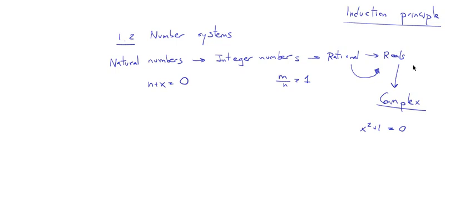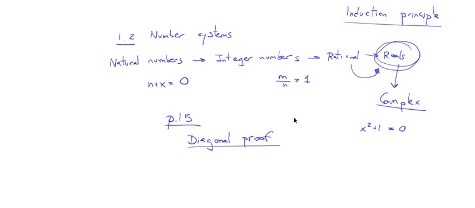In the notes we have some interesting facts about the reals. On page 15, you can read the diagonal proof, which states that there are actually infinitely many more real numbers than rational numbers. So even though rational numbers can be as close as we want them to be, and we think that there are many rational numbers, there are actually infinitely many more real numbers.